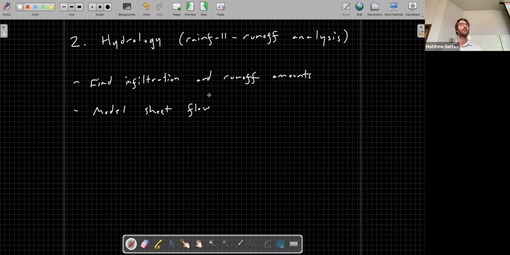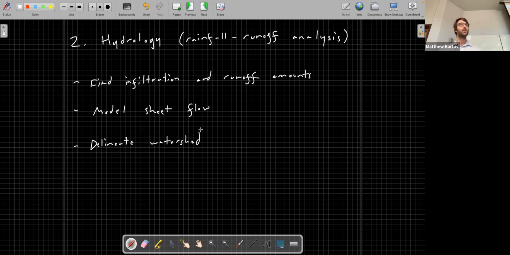More broadly, what were we doing when we looked into the hydrology of urban drainage systems? What was our end goal? Yeah, so we want to be able to understand what our contributing area is for a given stormwater fixture.